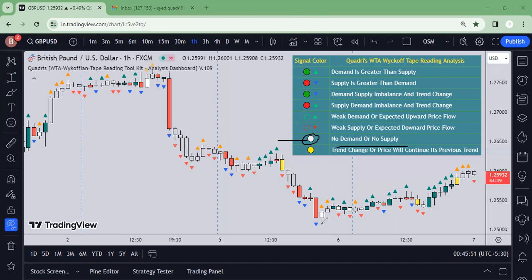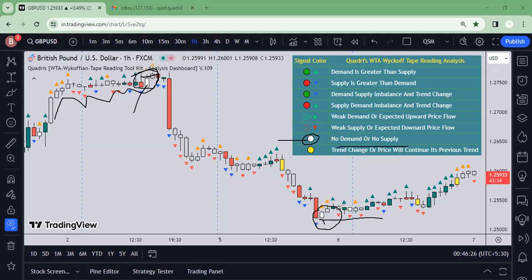So a white candle is no supply, no demand. No demand should always be looked at when we are testing above, or testing highs or tops, and no supply should always be taken into consideration when we are testing the bottoms.